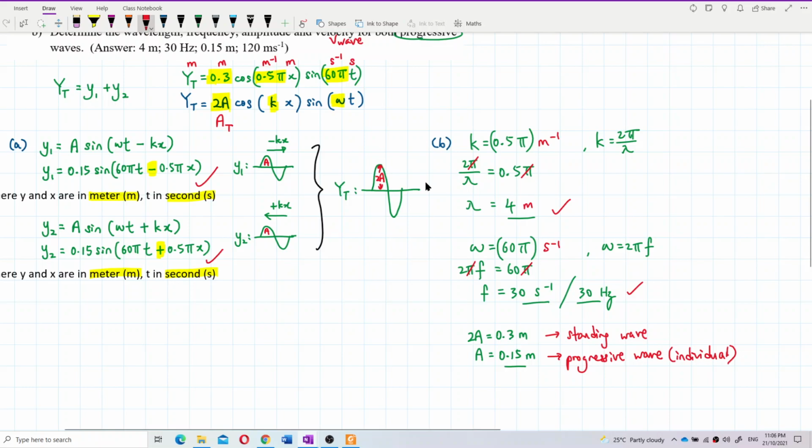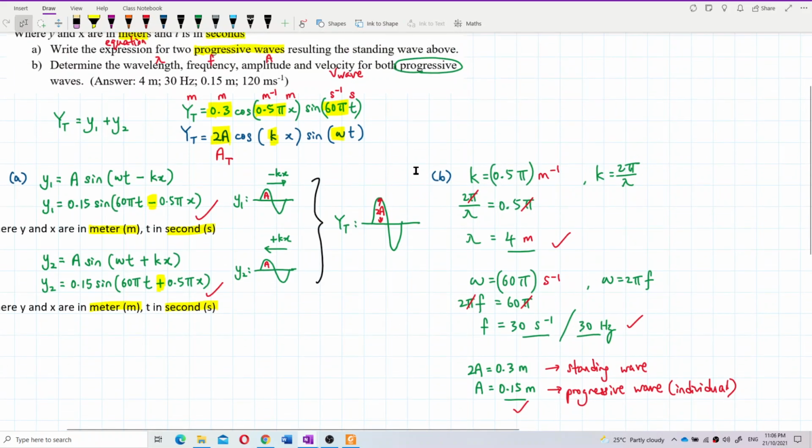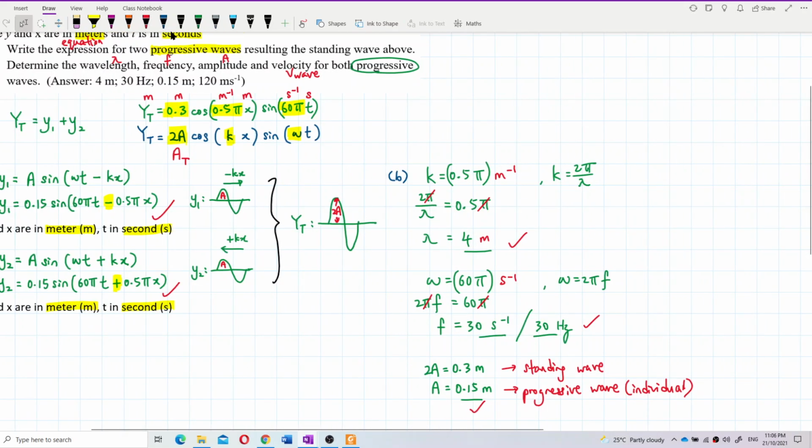Next I want to find the wave speed, the velocity of the progressive wave. So very easy. Just use these two, the lambda and the frequency. You can find your wave speed.